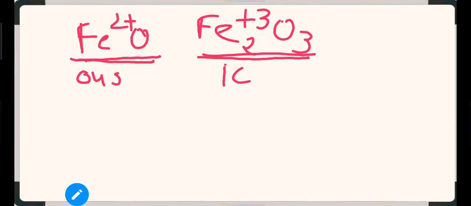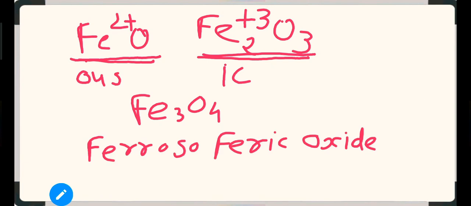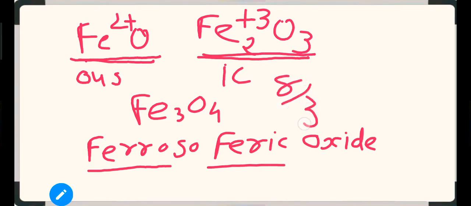Now when we have a mixture of both of them, that means Fe3O4, then this compound is called ferroferric oxide, because it contains both +2 and +3 oxidation states. So combinedly it is called ferroferric oxide, and the oxidation state of Fe in ferroferric oxide will be 8/3 if asked in an MCQ.